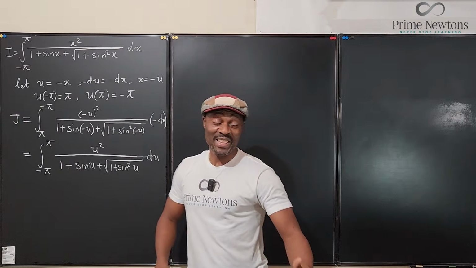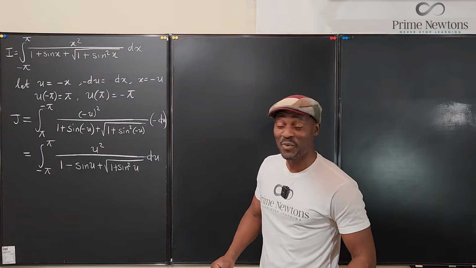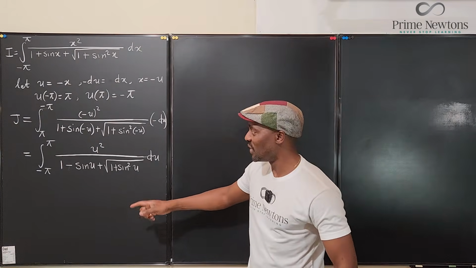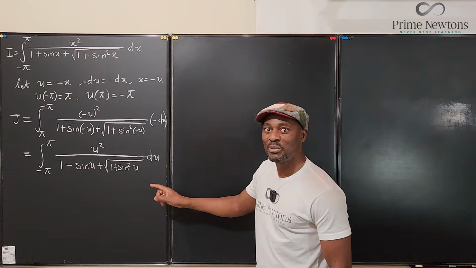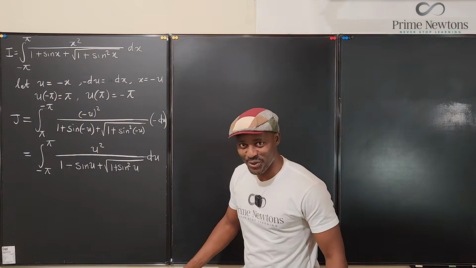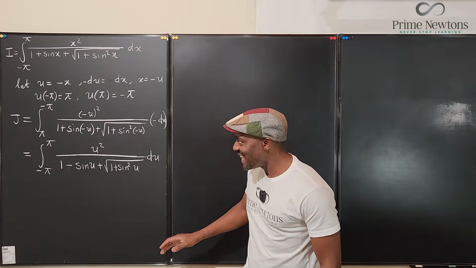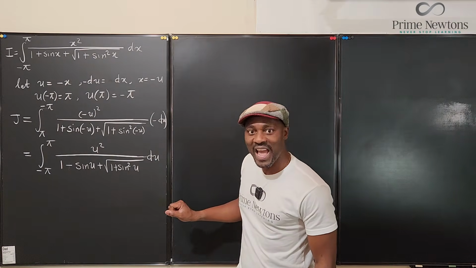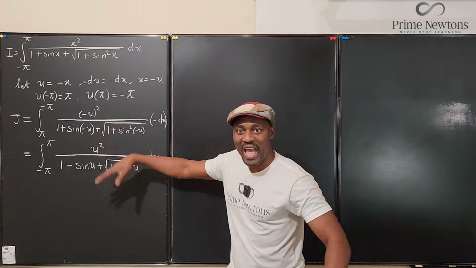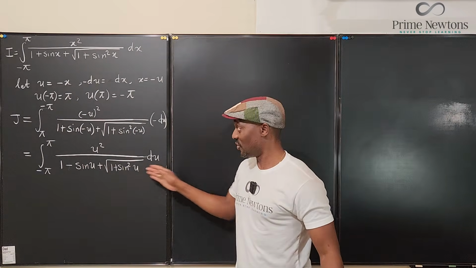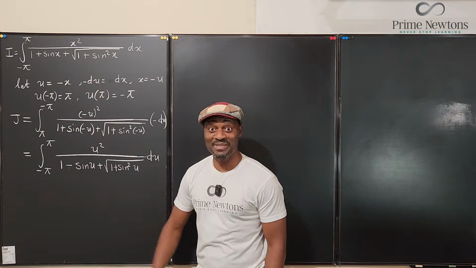Now the trick in this problem is to understand that whenever you're evaluating an integral, the name you call the variable does not matter. So let's rename it and say it's x, because you'll get the same answer. You just need to integrate, and again, it's a definite integral.